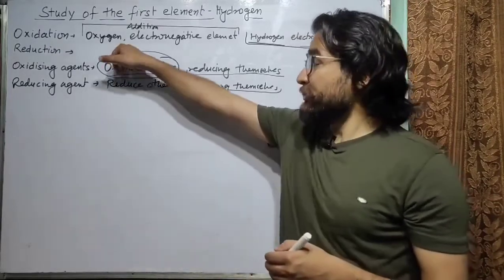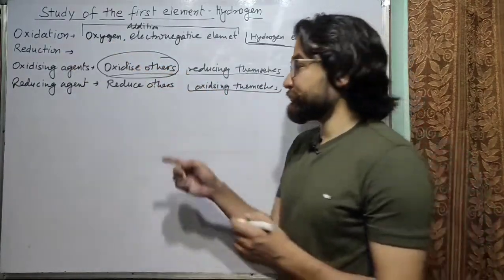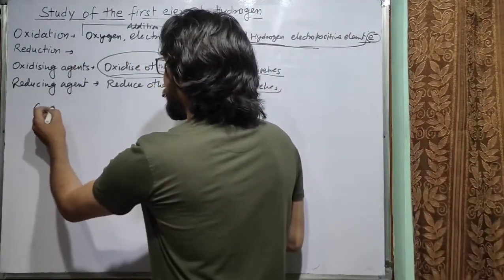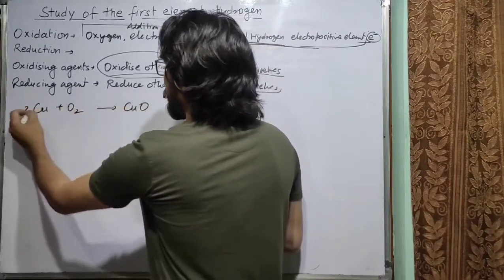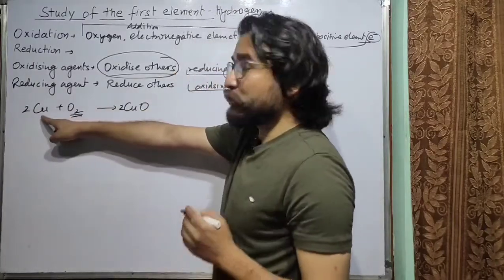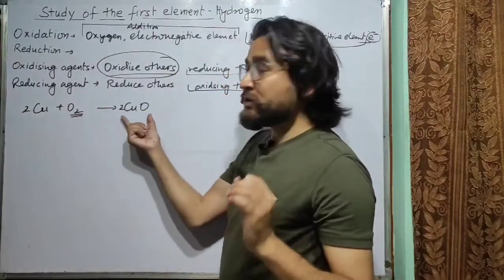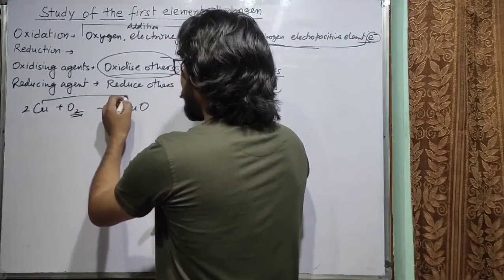So let's see the first example, that is oxidation. Cu plus O2 will give CuO. So you can see addition of oxygen to copper. So it is oxidation, oxidation of copper.